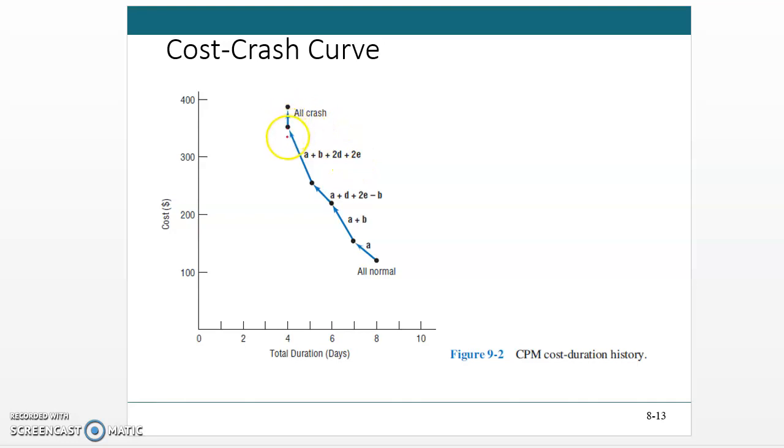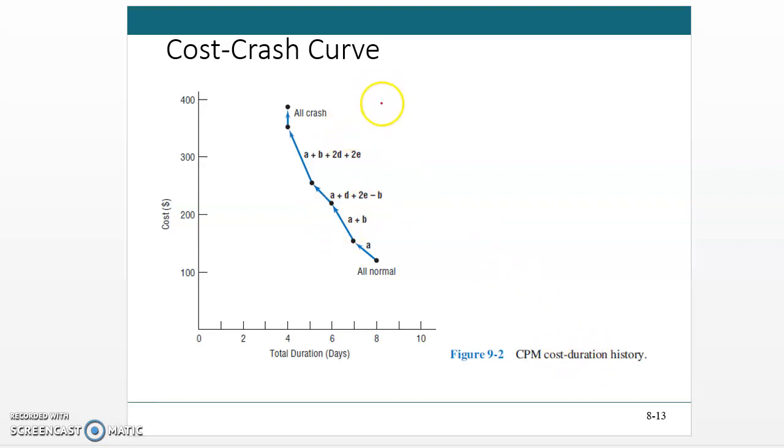And then here it is all crashed. There will be no further reduction. Even if we reduce the remaining 1 day crash in activity D, there will be no further reduction. It will only increase the cost. So this is the cost, crash, duration history.